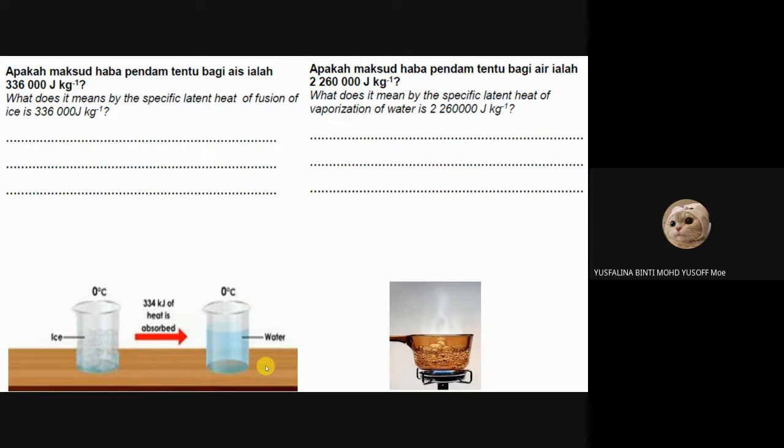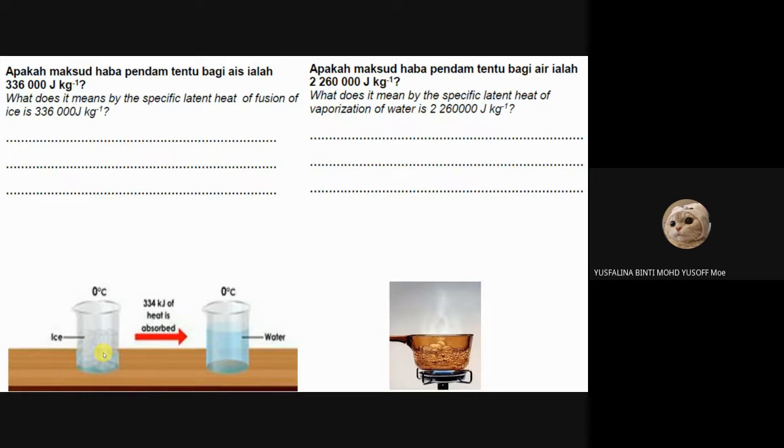If the question asks you in the general form, what is the meaning of the specific latent heat? You said amount of heat energy required. The unit for heat energy is only joule, so you don't need to put the kg^-1. It's absorbed by 1 kg of ice to change from solid to liquid at the constant temperature.